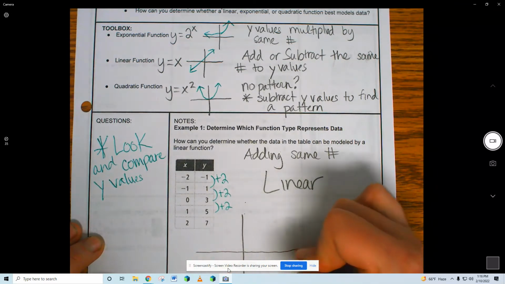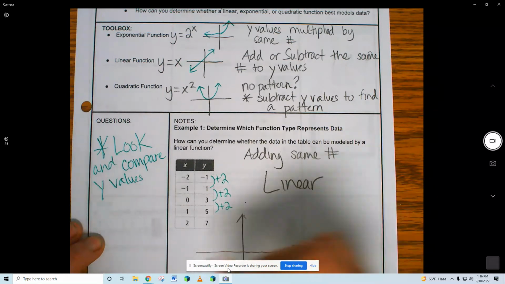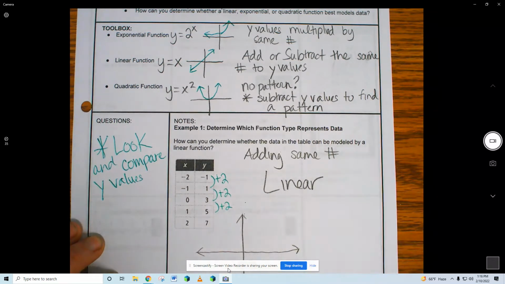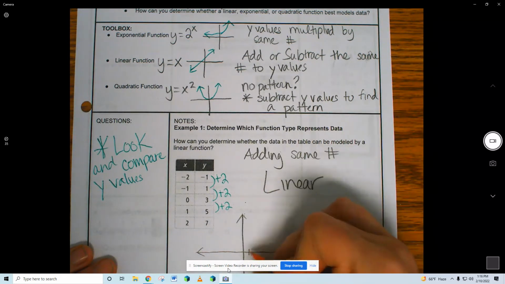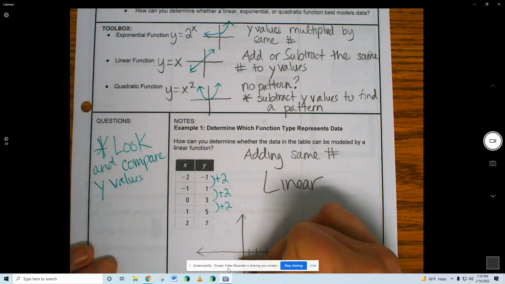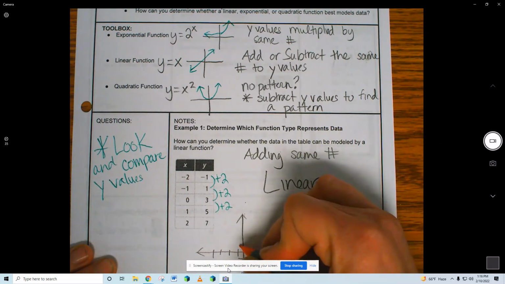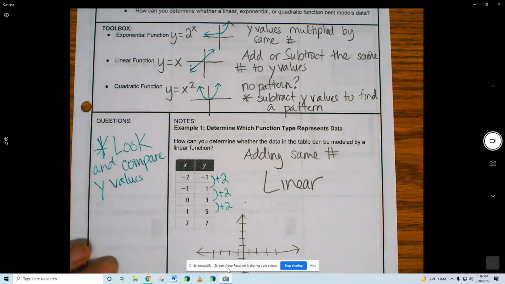Just to verify, because I want to make sure, no guessing in math. That's not how math works. You just don't guess things. So, plot the points.